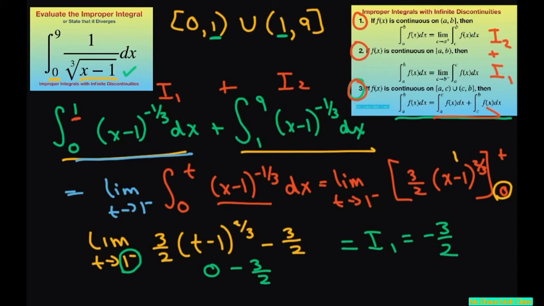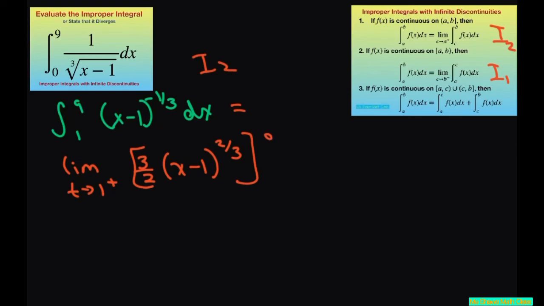Now we have to do integral 2, which is this one. Then we're going to add them together. I'll write it again. Now we have from 1 to 9, x minus 1 to the negative 1/3 power dx. Sorry, this is integral 2 and this is integral 1.